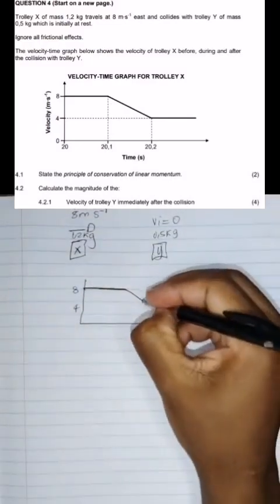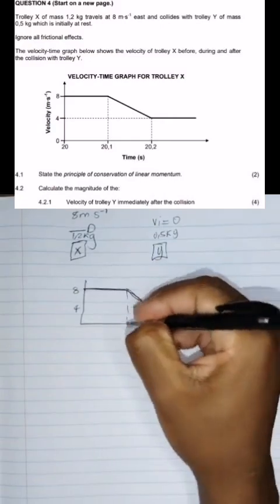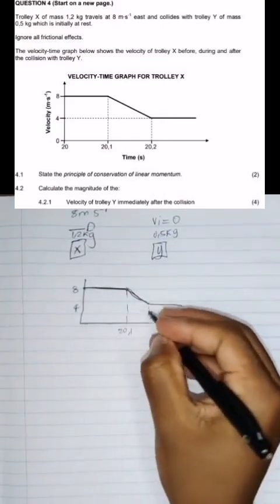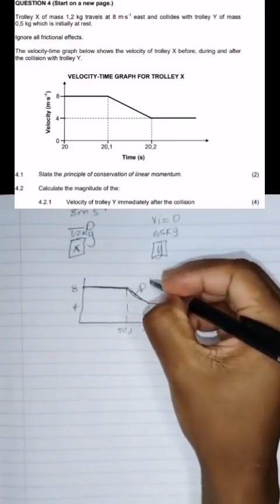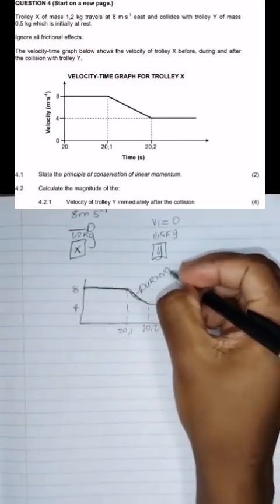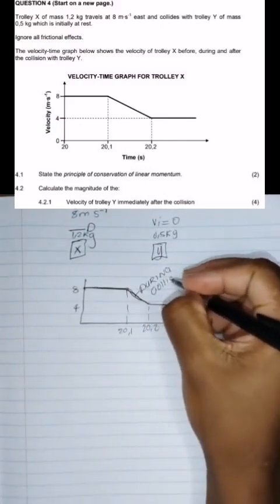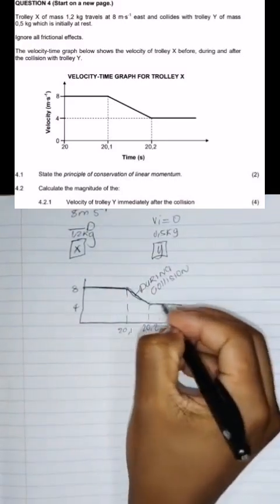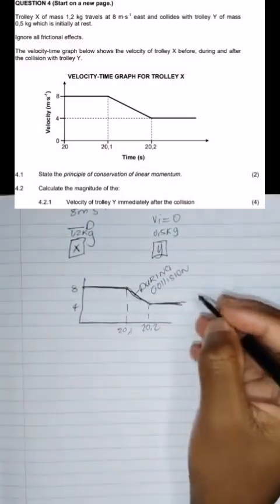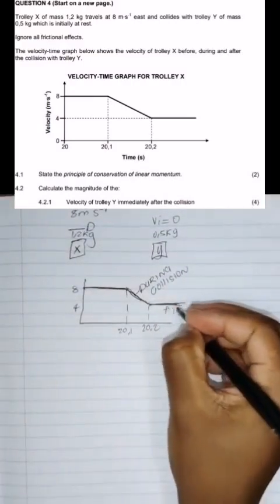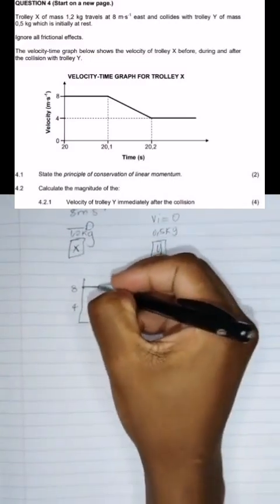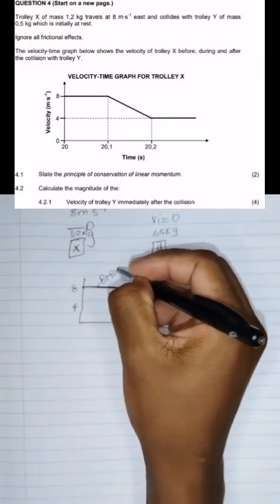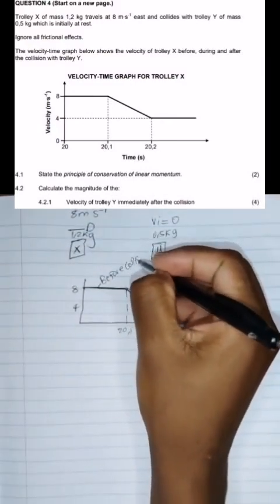This part here is during the collision. And this part here is after the collision, when the energy has been lost. And this one here is before the collision, right?